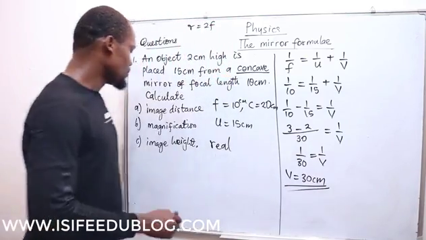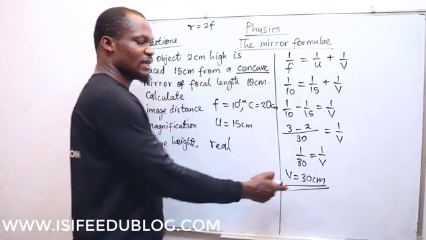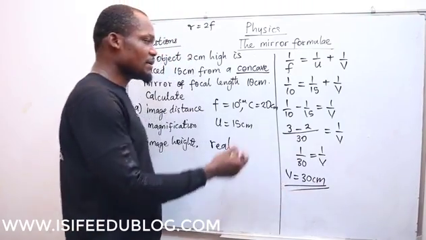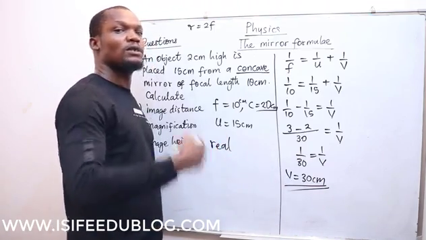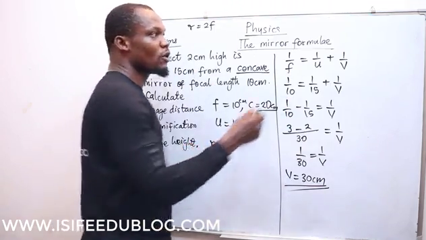That means that the image distance is 30 cm. And you can see that this 30 cm is greater than what? 20. This tells us that the image is formed beyond the center of curvature.